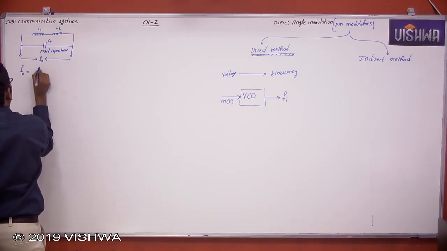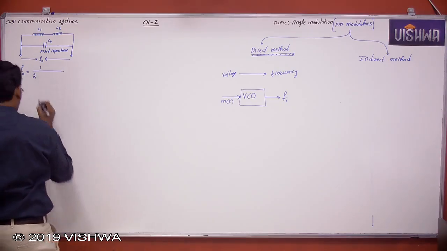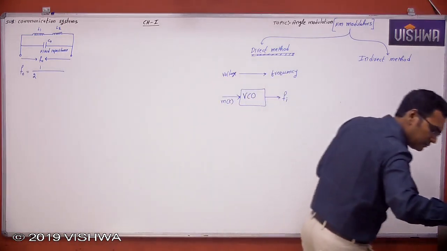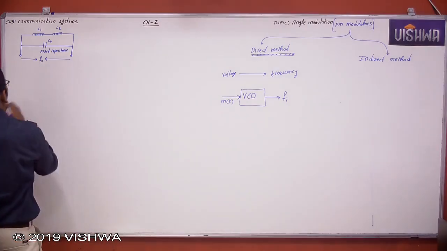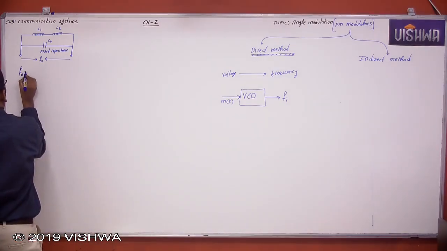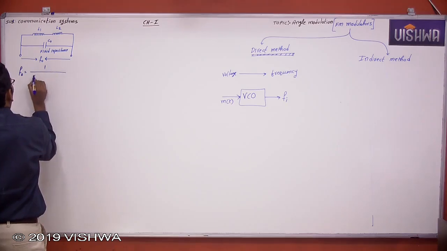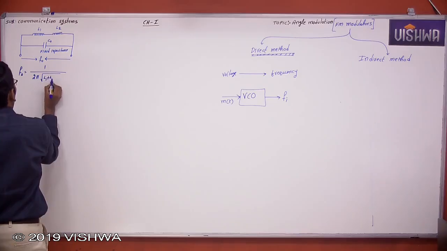F0, which is equal to 1 divided by 2 pi into square root of (L1 plus L2) into C0.